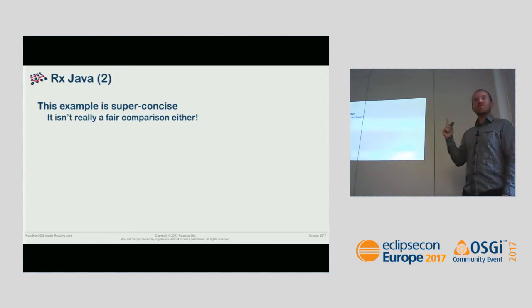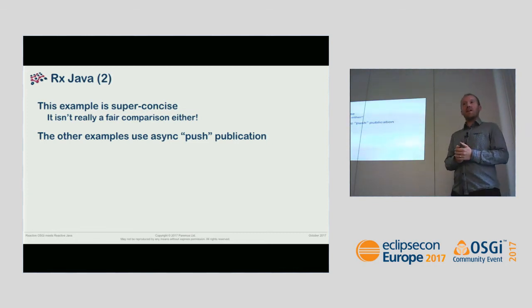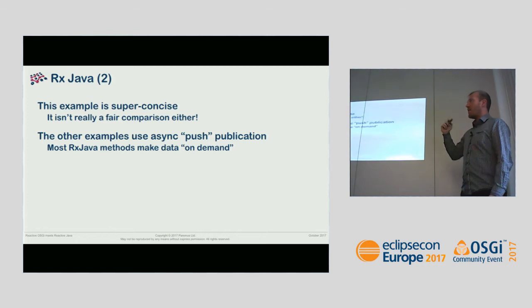And this is for a much more subtle reason. The other examples were doing an async push. There was a thread that was pushing data in. In this case, you may have noticed part of the reason it's shorter is there's no setup to produce an executor. There is no other thread going on here. And that's because most of the RxJava stuff is actually making data on demand.